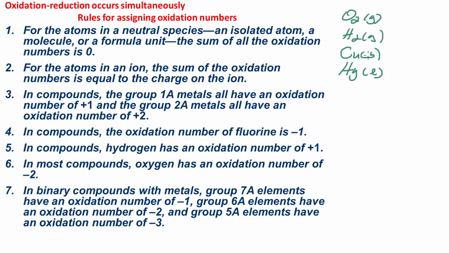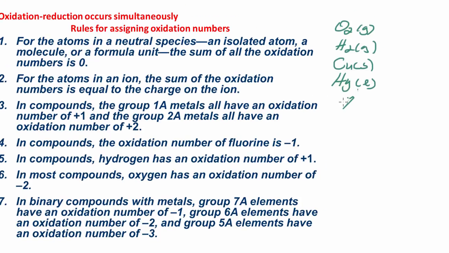The oxidation numbers for these would be 0. For example, for phosphorus, P4, the oxidation number would be 0. So the oxidation number for an atom in its elemental form is always 0.